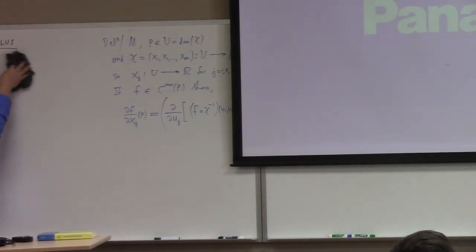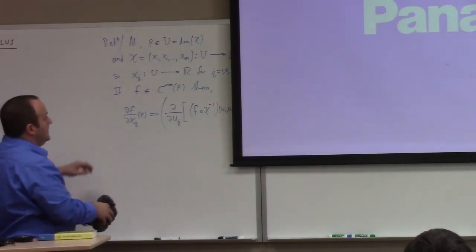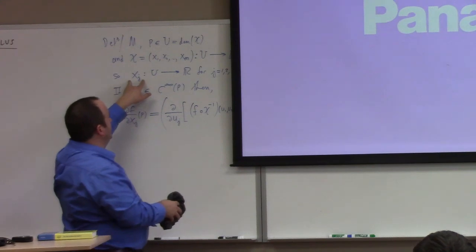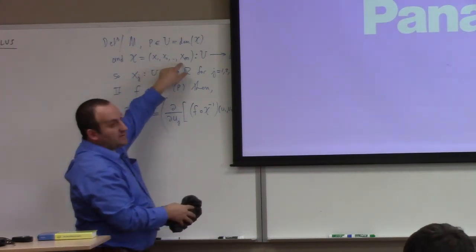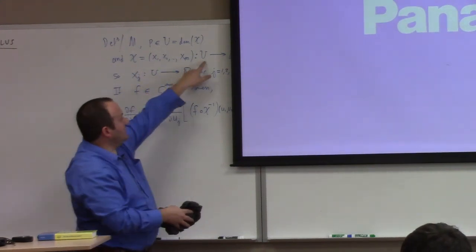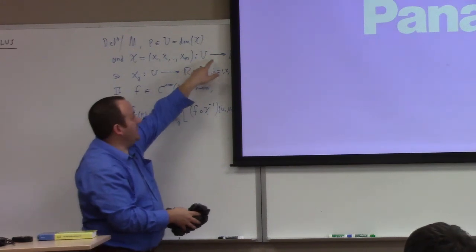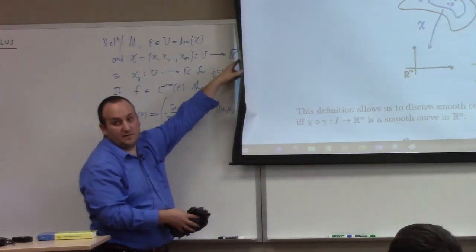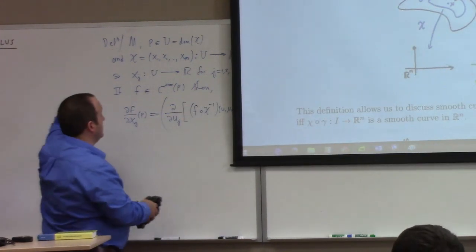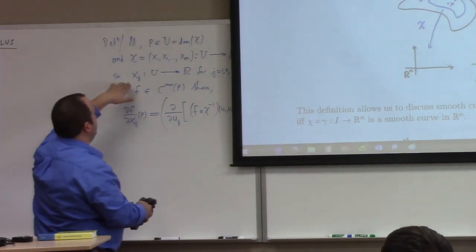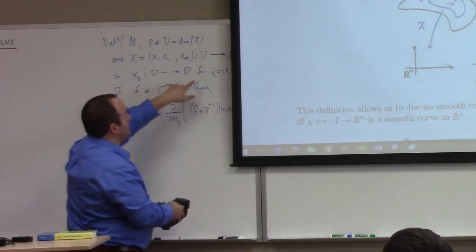Did you mean to say that's xj? Yeah, that's xj because I'm trying to say that each one of these has U as its domain, but its output is just one of these over here. No, j is not a variable. J is ranging from 1 to m.